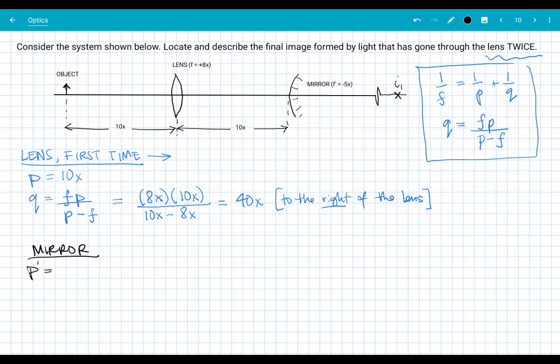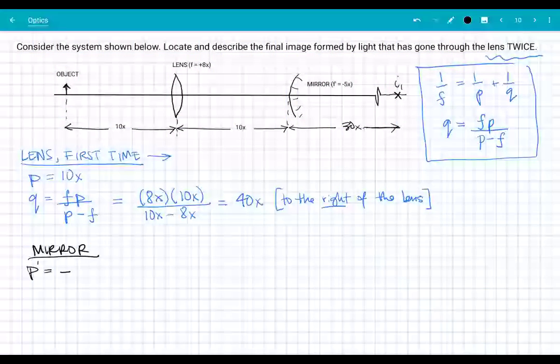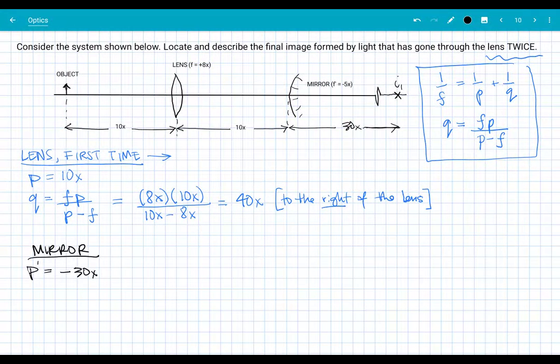If that's 40x to the right of the lens, that means it is 30x behind the mirror, right? This distance would be 30x. However, because it is not on the side of the incoming light, that's a negative object distance. So this object distance is going to be negative 30x.